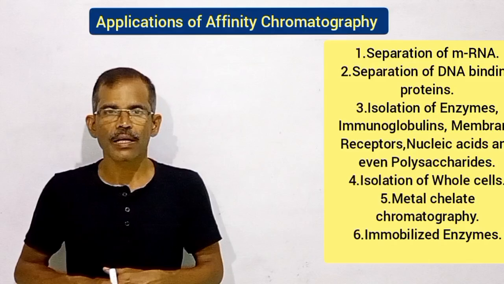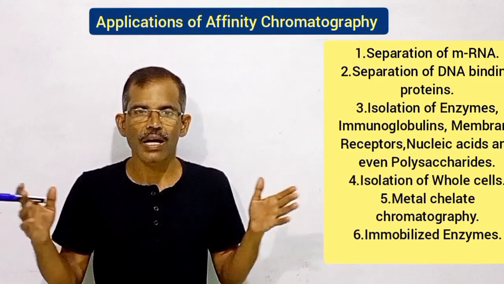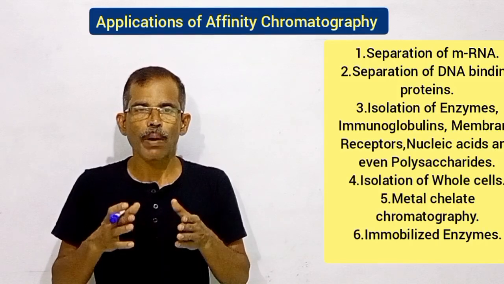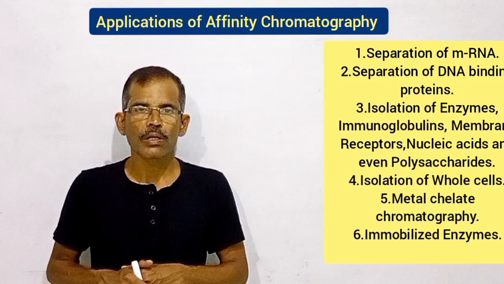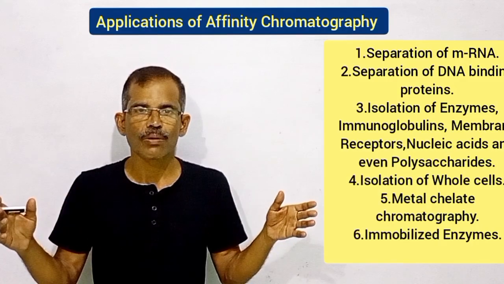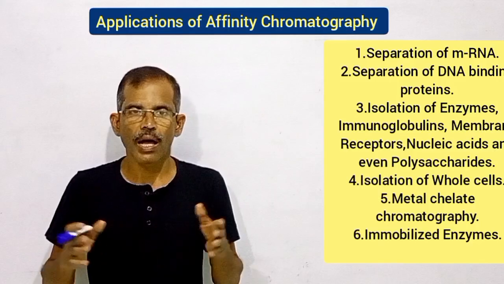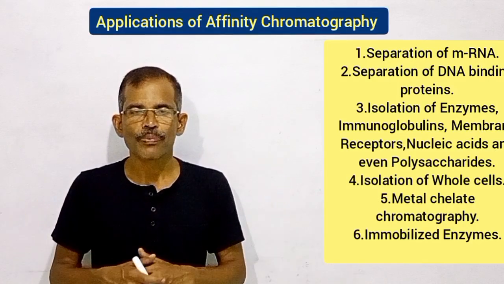In this technique, oligo-dT ligands are immobilized on the agarose matrix. When the sample is passed through such a column, only mRNA molecules, because of the presence of the poly-A tail, will bind to the oligo-dT ligands which are immobilized on the gel beads.